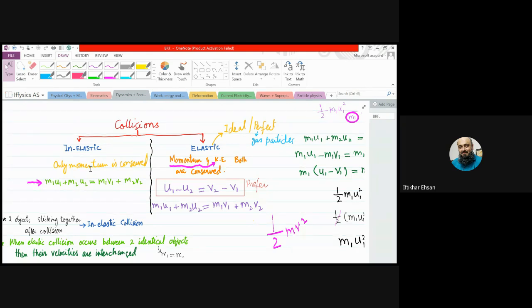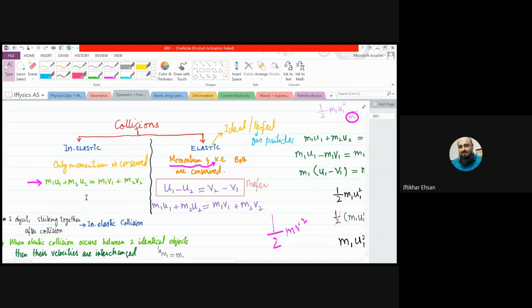What is the formula of the law of conservation of momentum? m1u1 plus m2u2 is equal to m1v1 plus m2v2. And previously we had done almost six questions of this, right? Clear? Okay, beta.